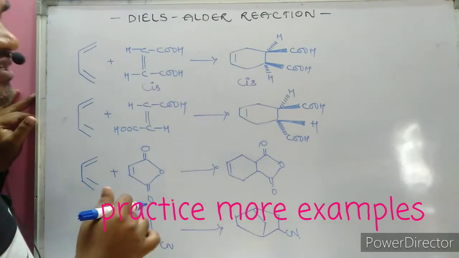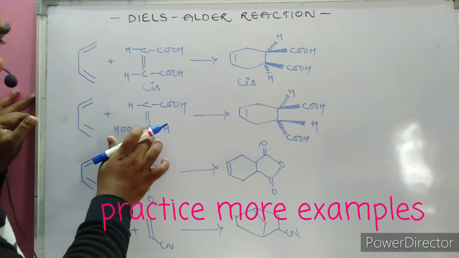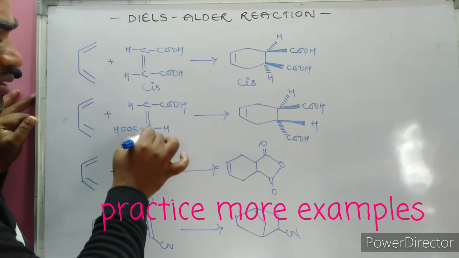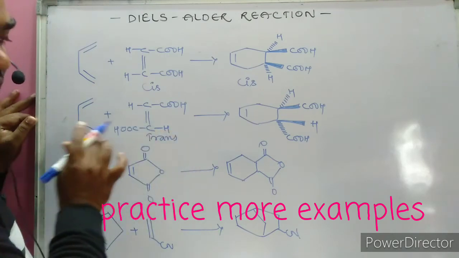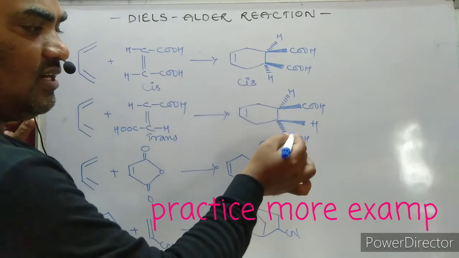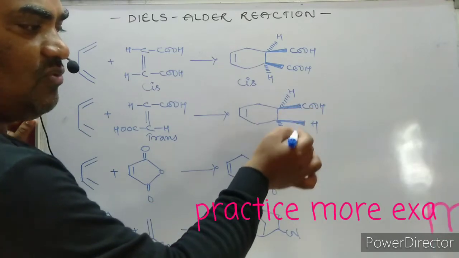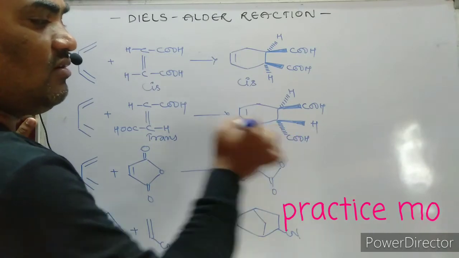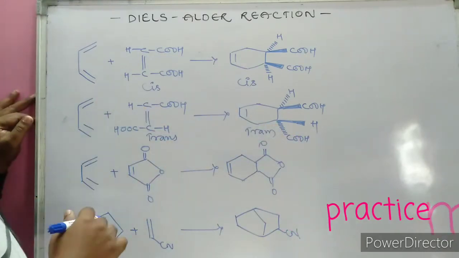The stereochemistry is important. Whereas if the trans is given, such as fumaric acid and maleic acid, which are geometrical isomers, then in the formed product one COOH is on the front side and the H is on the back, so it is called trans. Stereochemistry is important.